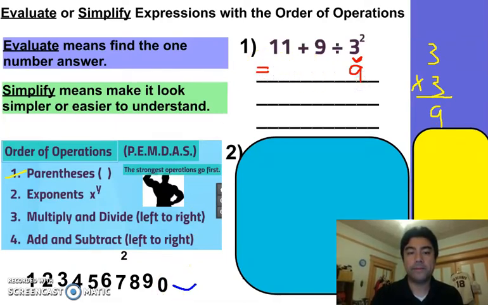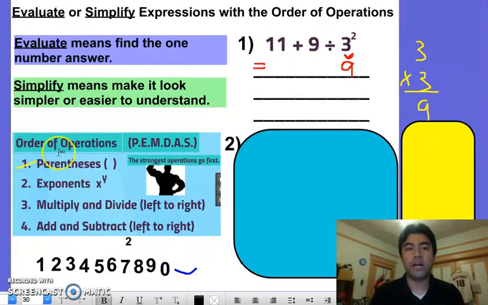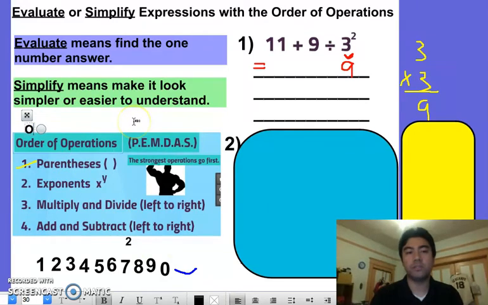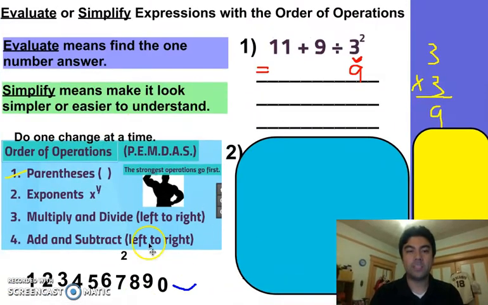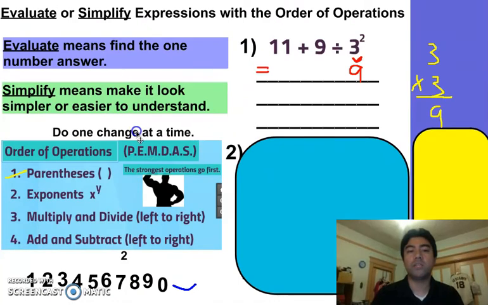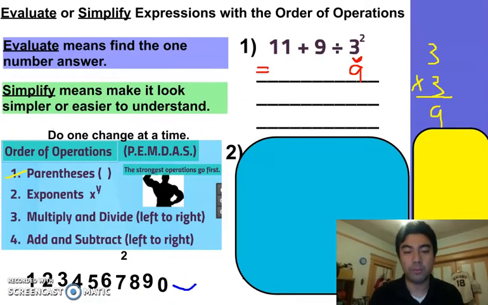Okay. And then one thing that I forgot is that when we do order of operations, it's best to do one change at a time. One change at a time, all right? Because if you do too many changes at one time, a lot of times people mess up. I've seen a lot of people mess up.